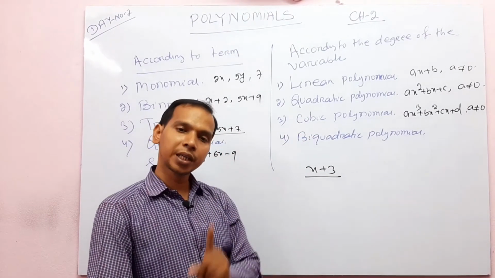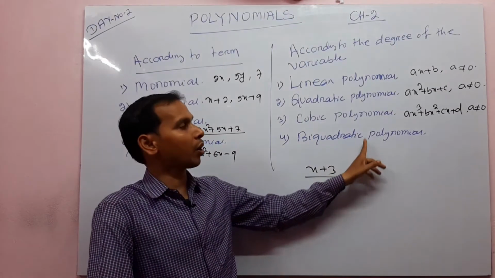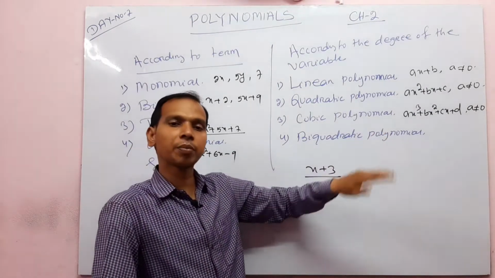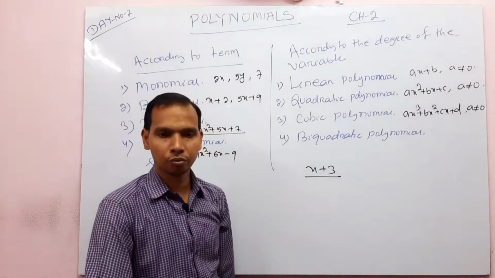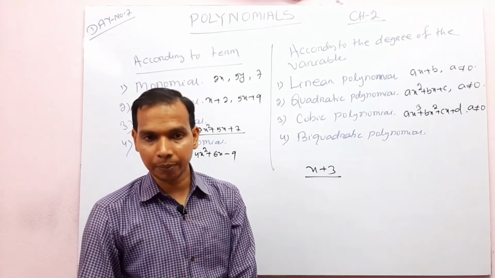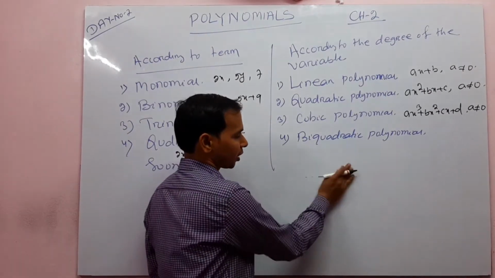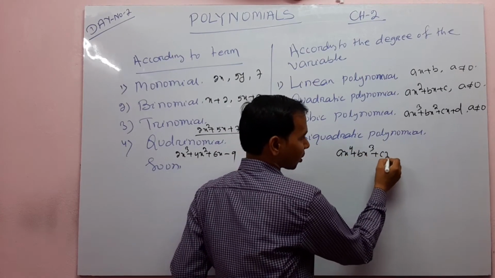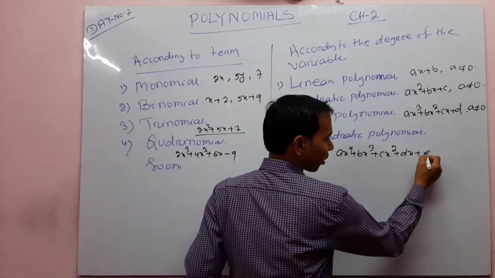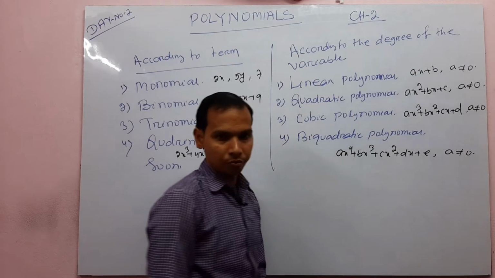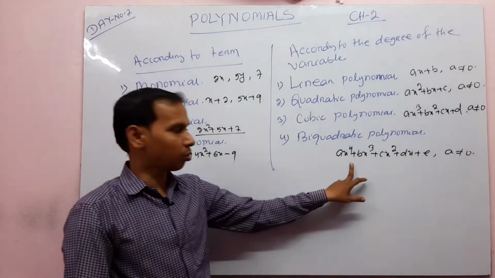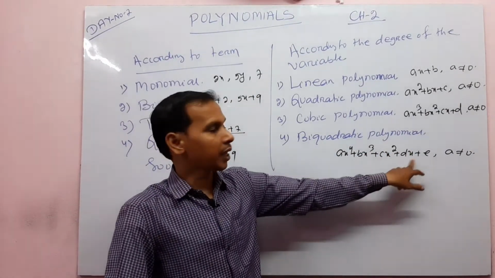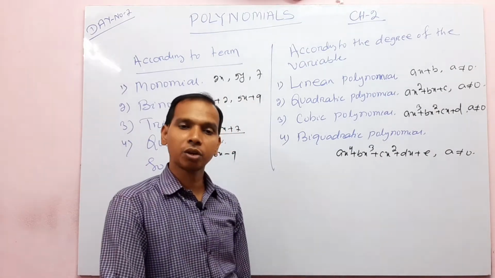The polynomial in which the maximum power of the variable is 4 is known as a biquadratic polynomial, and its standard form is ax to the power 4 plus bx cube plus cx square plus dx plus e, where a is not equal to 0.